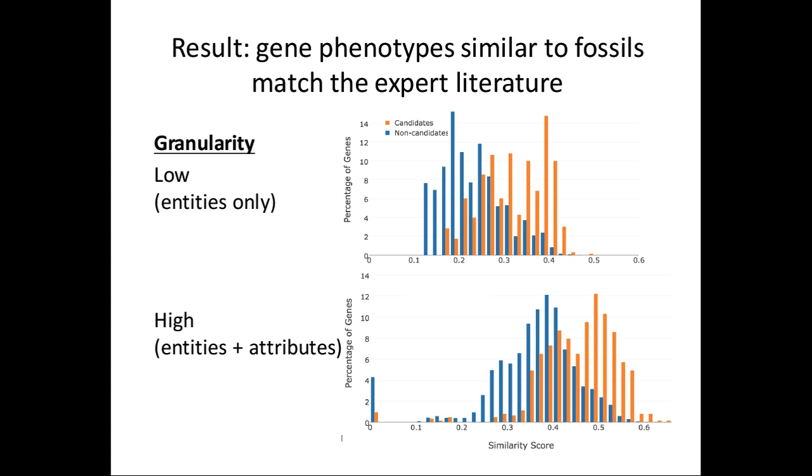And on the x-axis is the similarity that we can see in the semantic annotation. So we are getting some separation, and that's good. But even better, if we annotate, we curate at a higher level of granularity, entities and attributes, we get even better separation between those. So it does appear that if we were to use this system, generate hypotheses to then go into the lab to test, we would actually get useful things out of it.